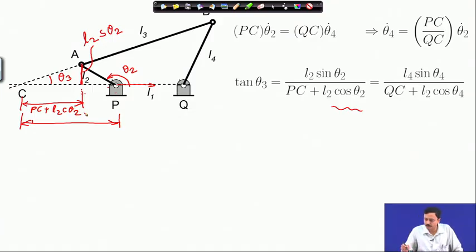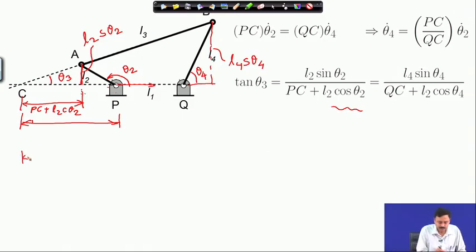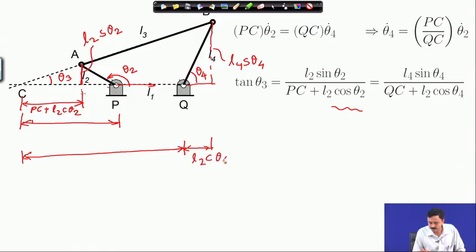and that is also equal to L4 sin theta 4, which is this distance, this is theta 4, divided by Q c, this is Q c, plus this distance, this is L4 cos theta 4.